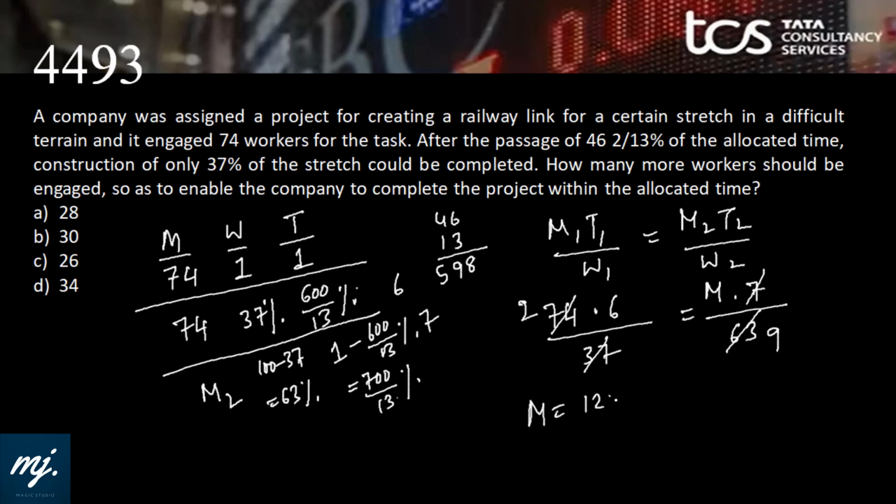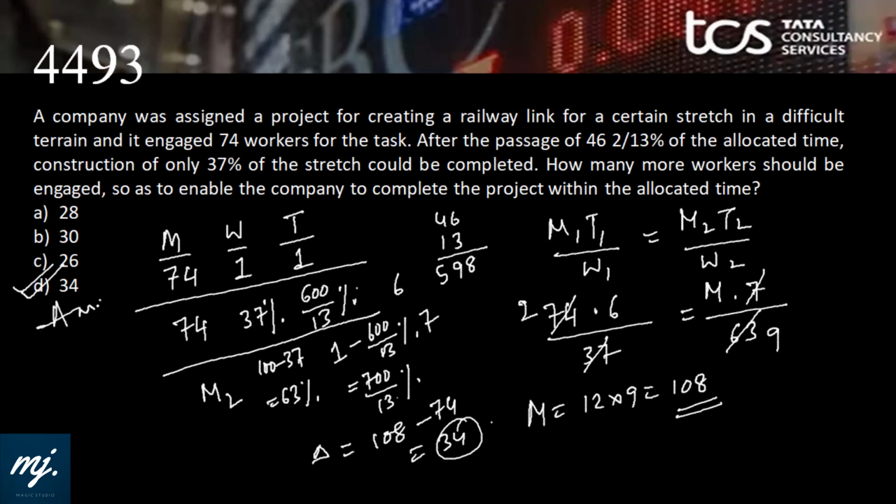So M is 12 into 9, that is 108 men would be required. But we are looking out for how many extra men are required. So extra men required are 108 minus 74, that is 34. 34 extra men are required to complete the remaining work in the remaining time. Option D is the pick.